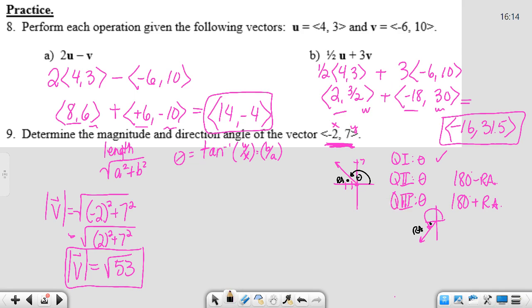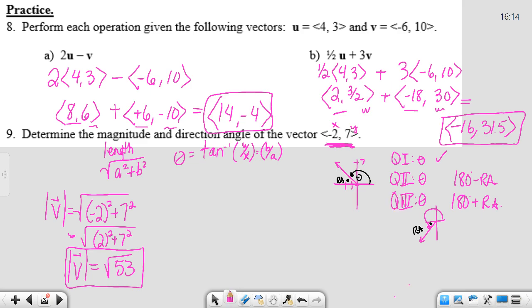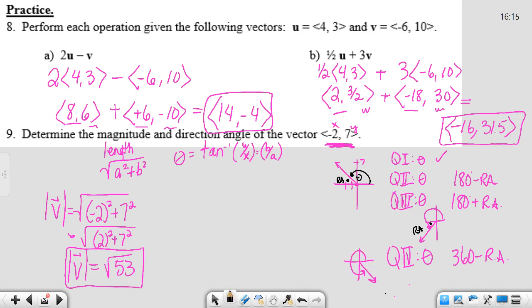And last but not least, if you are in quadrant 4, you are closer to 360 degrees. So it's going to be 360 minus the value of your reference angle. And you're typically going to get negative values for those. Just remember that our reference angles, we always want to use the positive. So use its absolute value. So in quadrant 4, we're closer that way. And there's our reference angle.